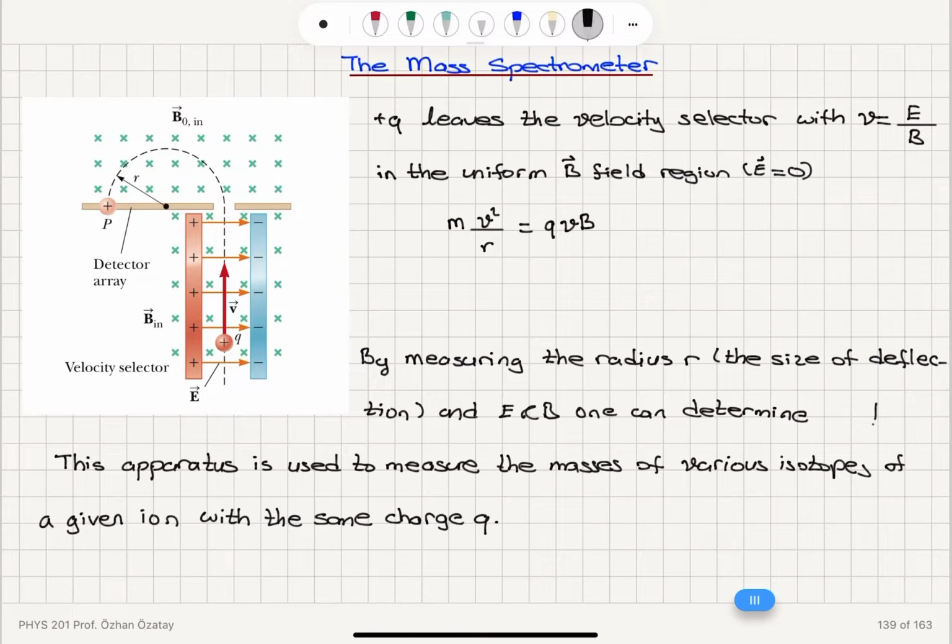And it's going to follow this circular path because the force will always point towards the center. And with that, if I isolate mass divided by charge, m over q is equal to r v B divided by v. So one of the speeds cancels here.